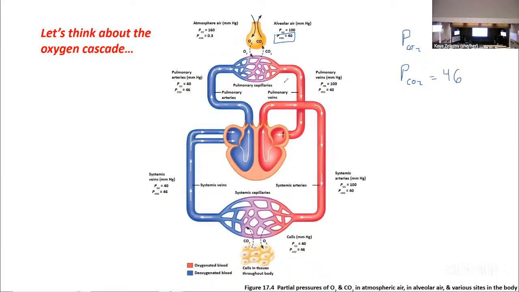So we just have to match them up to where we'd see these. We start with the lower number as we go through pulmonary veins, the left side of the heart, and those systemic arteries, because this is blood that hasn't picked up carbon dioxide yet, since carbon dioxide is a waste product.